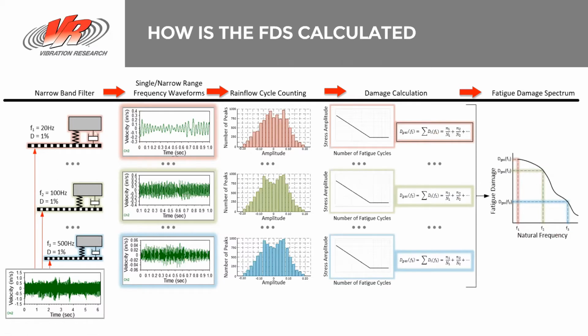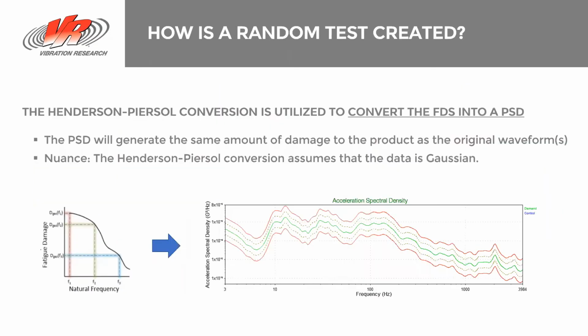Once we understand how much damage is being applied at each frequency over a certain amount of time, we can now use what is called the Henderson Pearsall method to convert that FDS to a PSD, which we can run in our lab.